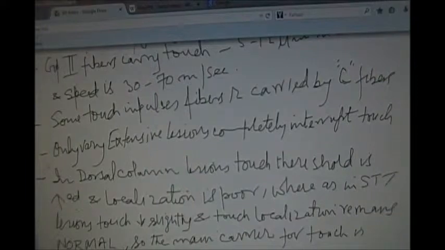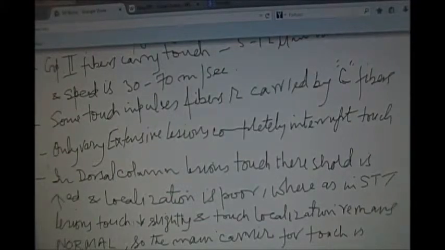In the dorsal column lesions, the touch threshold is increased because they carry the discriminative touch sensation, so the threshold is increased and localization is poor. Whereas in a spinothalamic tract lesion, which carries the crude touch, the touch decreases slightly and the touch localization remains normal.